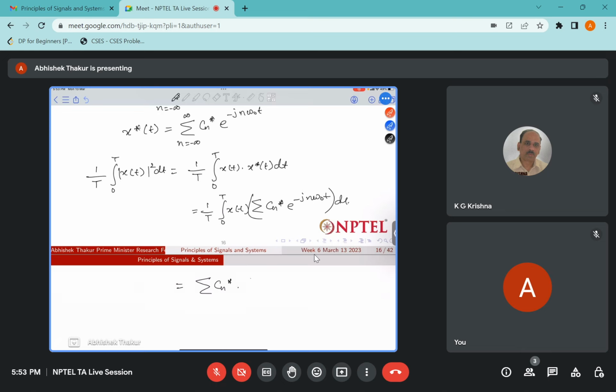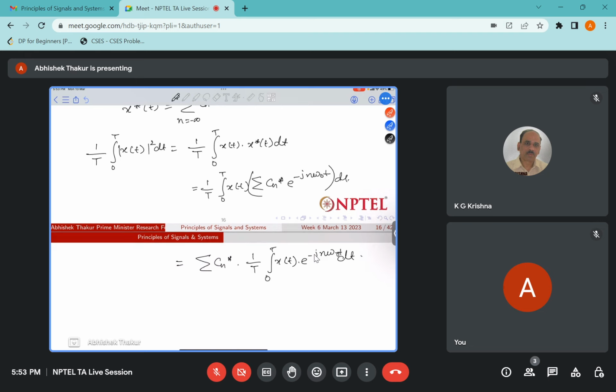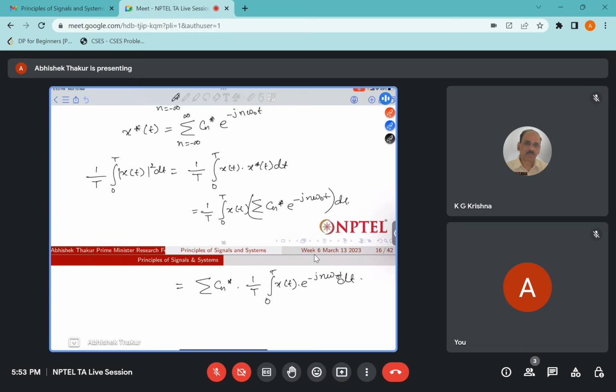So we get 1 by T integral from 0 to T of x(t) into Cn conjugate e to the power of minus j n omega naught t dt.